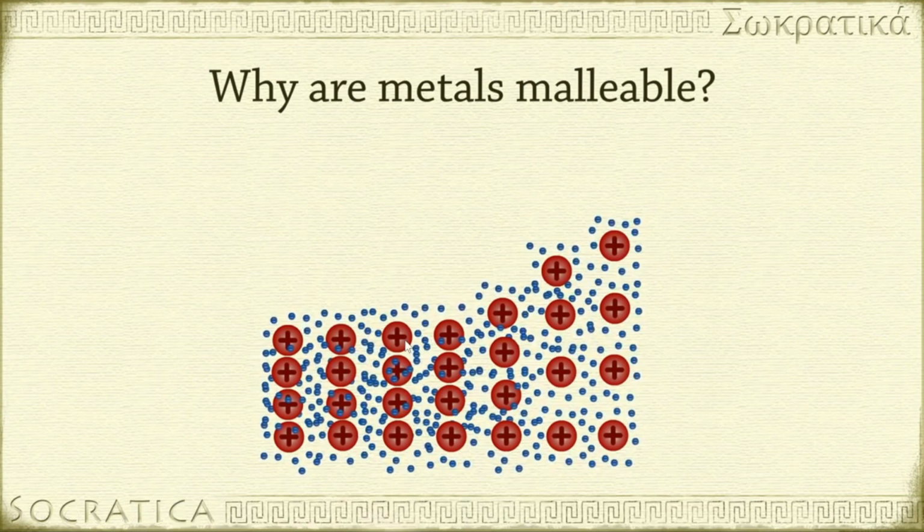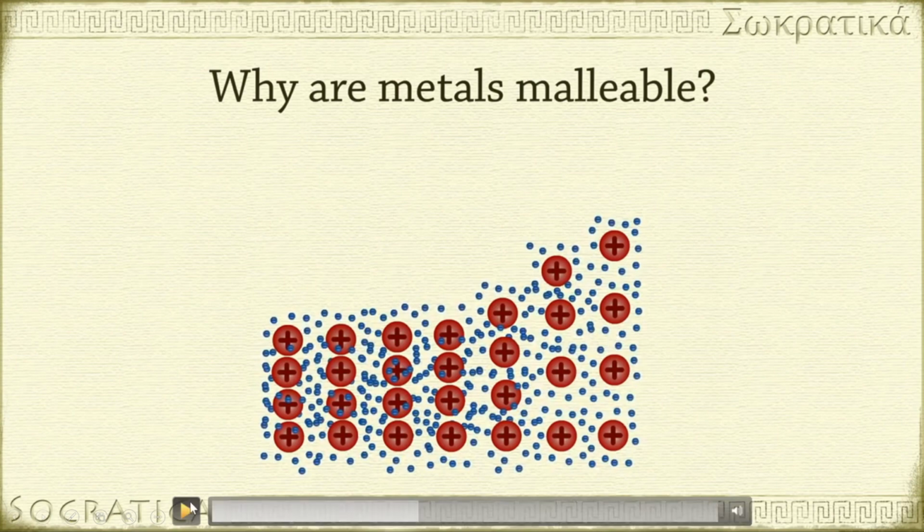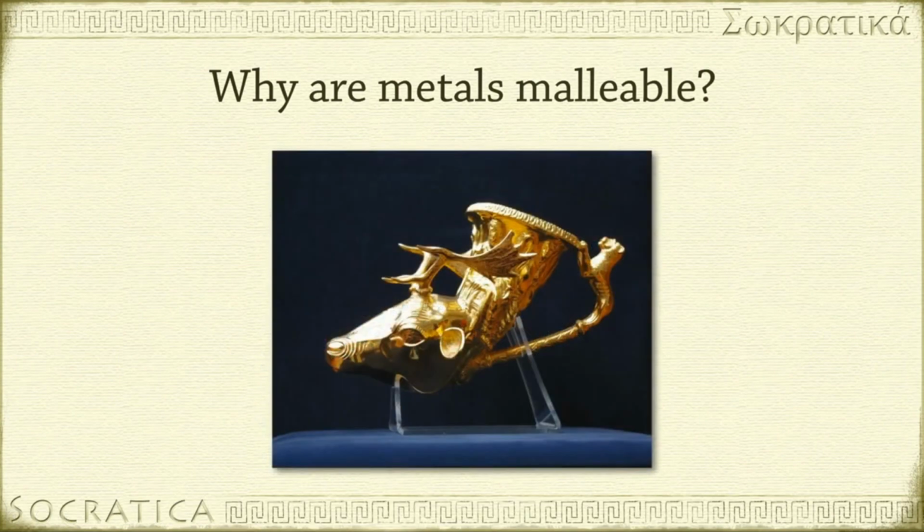If I zoom in, it's still plus, minus, plus, minus. There is no way I will have plus and plus together, because in between I always have the sea of delocalized electrons, always surrounding all cations. So that's why it can be molded into different shapes.